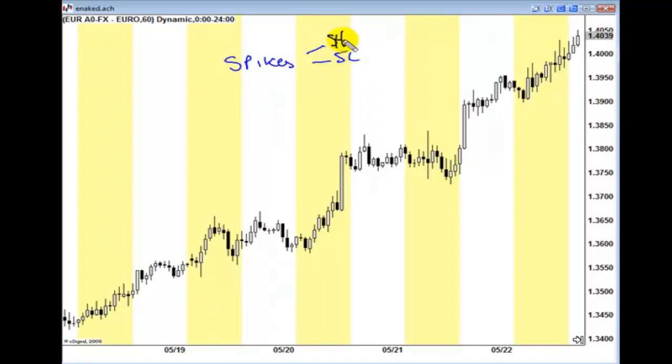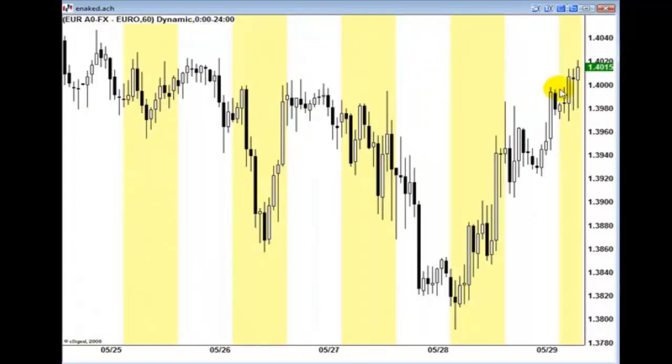A spike high would be at the top of a trend, a spike low at the bottom. And we've talked about hanging men, and we've talked about hammers. So all of those are spikes. They're all different, and you can use them in the ways I've just described. Now, I think that trade is almost stopped out. We'll have to see what happens.